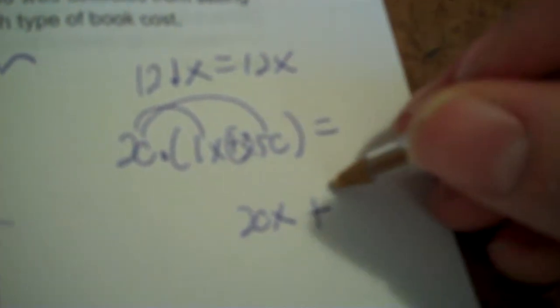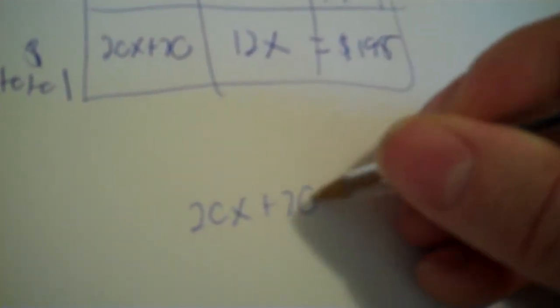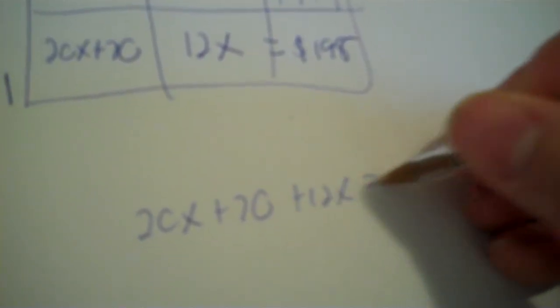And then you distribute. 20 times 1x is 20x. 20 times 3.50 is 70. So it's going to be 20x plus 70. If you don't need y, you just need one equation. Don't make the cross. 20x plus 70 plus 12x equals 198.